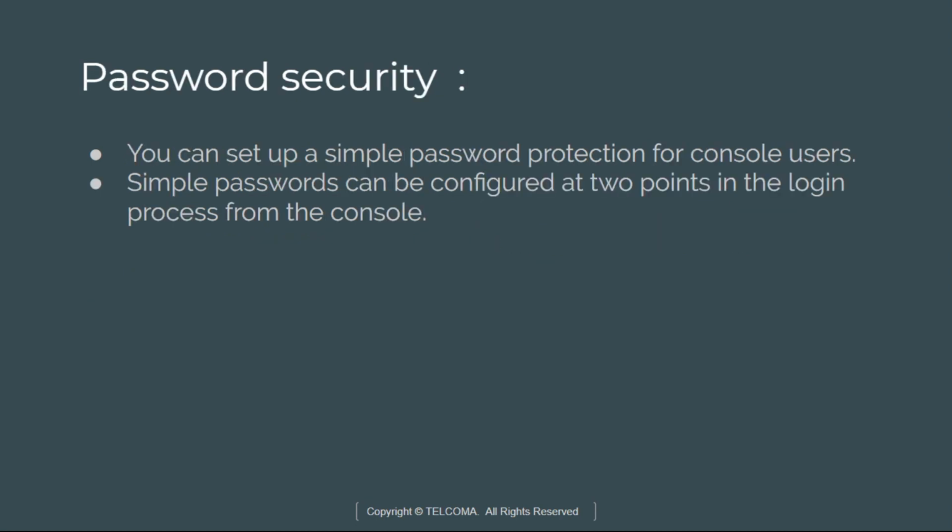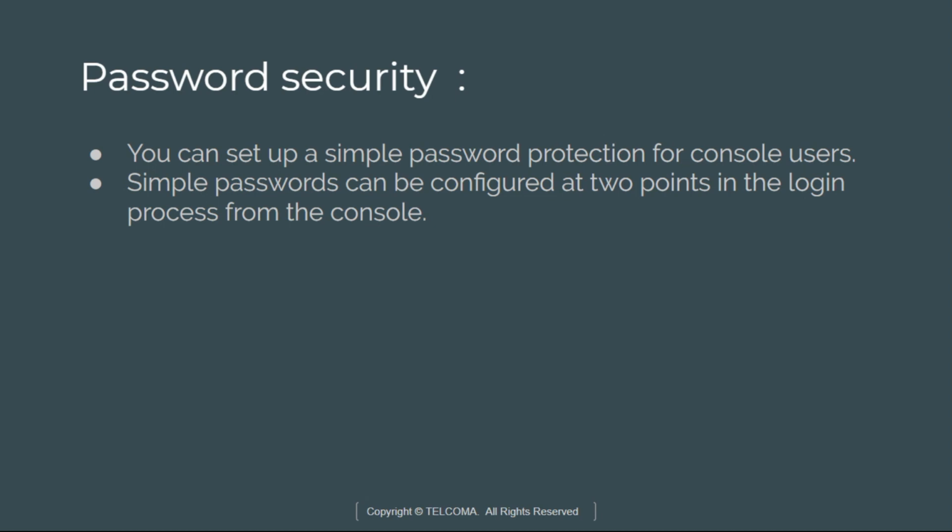Password security. We can set up simple password protection. Simple passwords can be configured in the login process. A Cisco switch with default settings is secure when kept inside a wiring closet because the switch allows console access only. By default, the console requires no password at all, and no password to reach enable mode for users that happen to connect with the console.